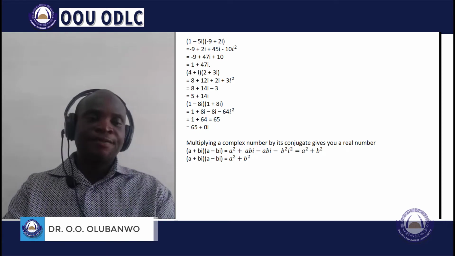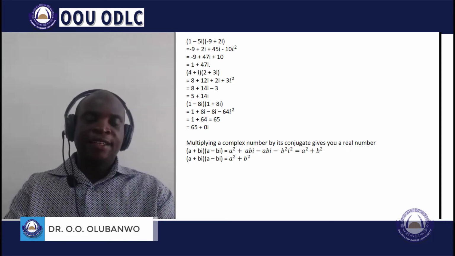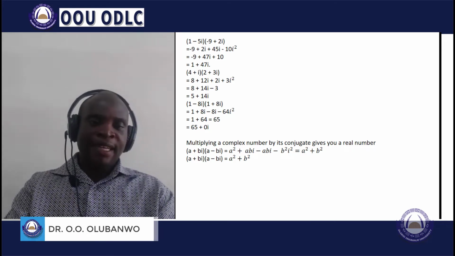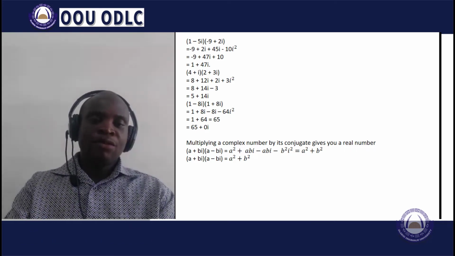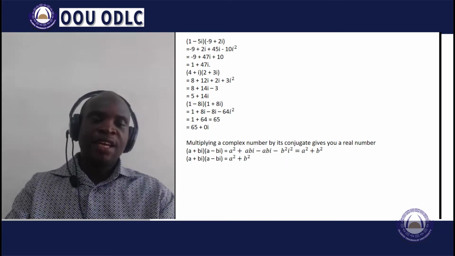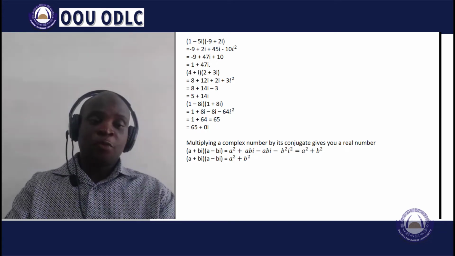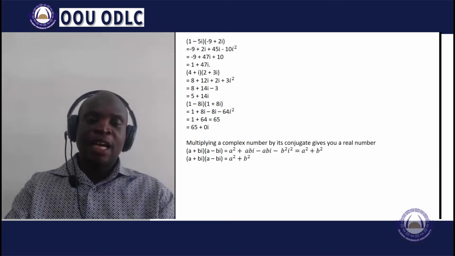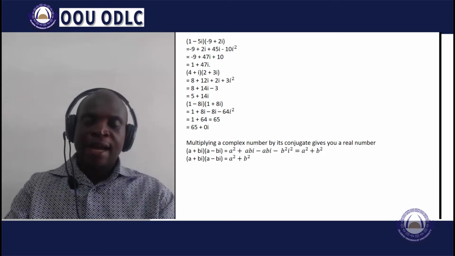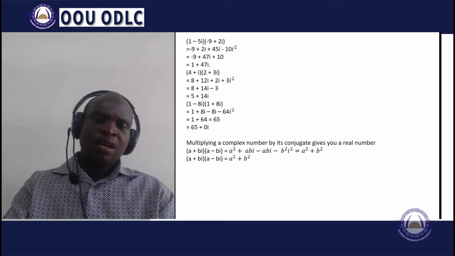As you can see on the screen, a times minus bi will give me minus abi. Then bi times a will give me plus abi. Then lastly, bi times minus bi will give me minus b squared i squared.